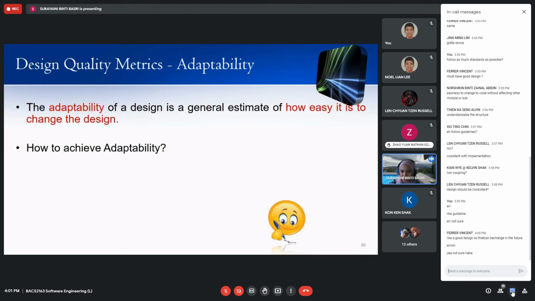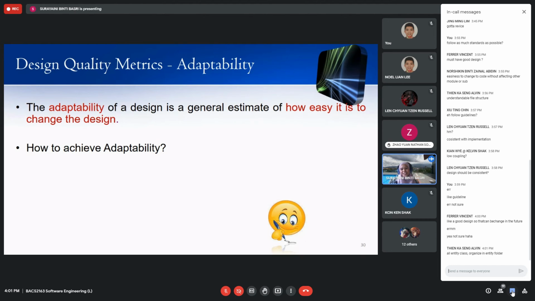For Elvin, understandable file structure. What do you mean by file structure, Elvin? If you all answer like this in the exam, I cannot give much marks, lah.